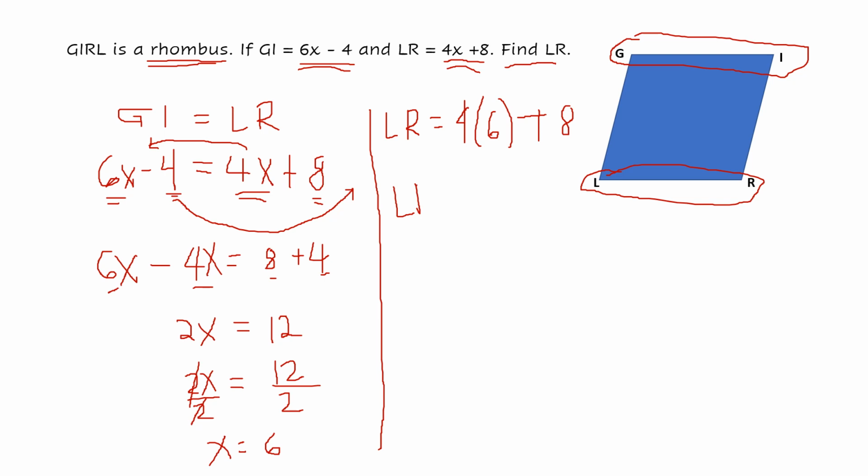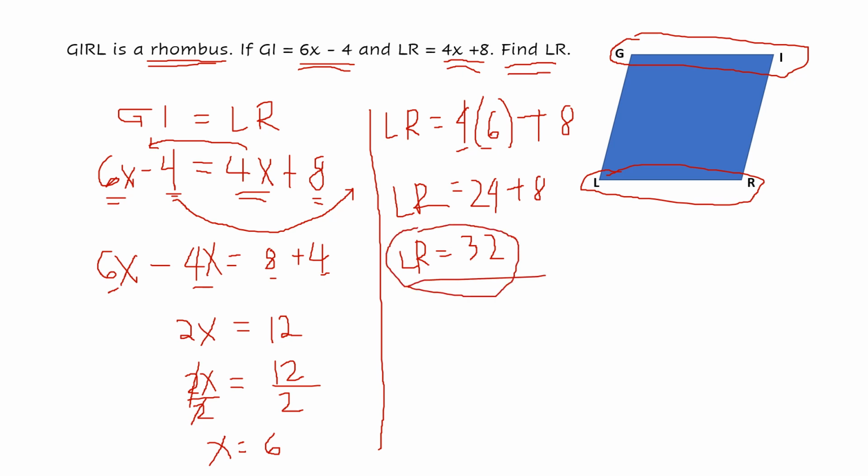So simplifying further, we have 4 times 6 is 24, 24 plus 8. But 24 plus 8 is 32. So therefore, the length of LR is equal to 32. And that's the answer.